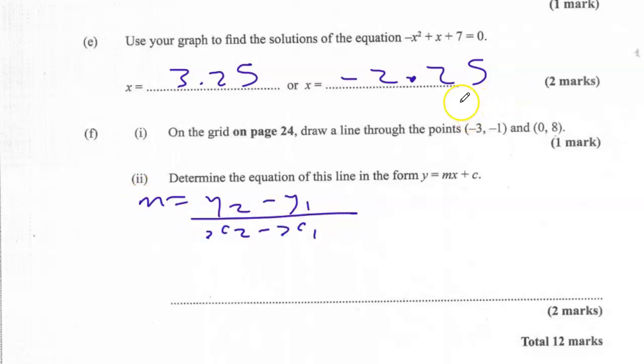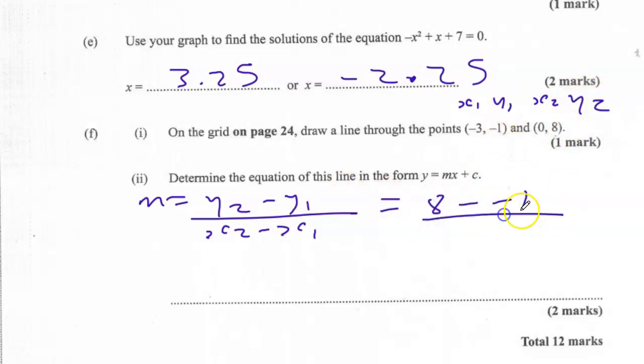We can call this x1, y1, x2, y2. So y2 minus y1 will be 8 minus negative 1, and then x2, that's 0, minus x1, minus negative 3. That's actually 8 plus 1, that's 9, over positive 3. So the gradient is 3.